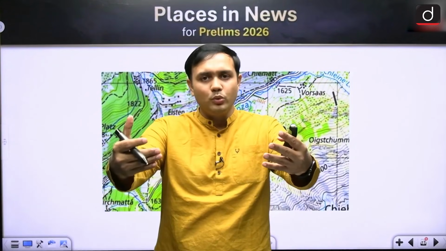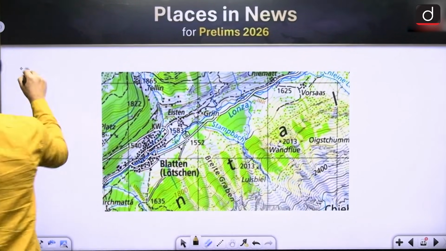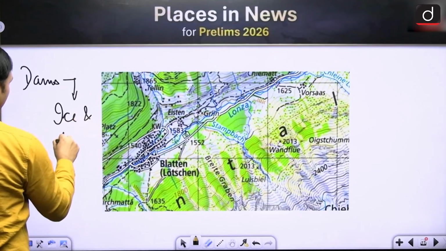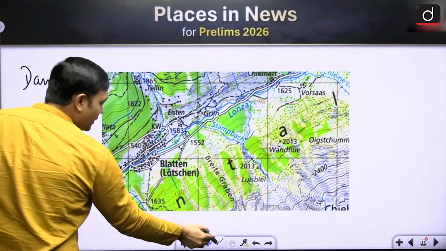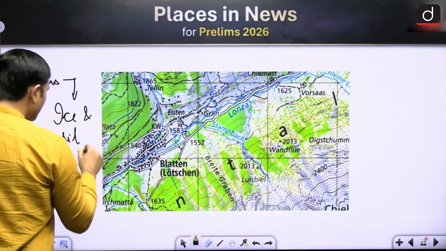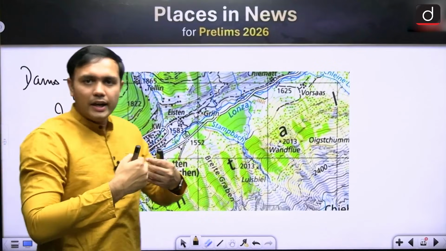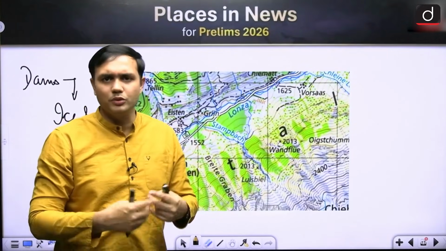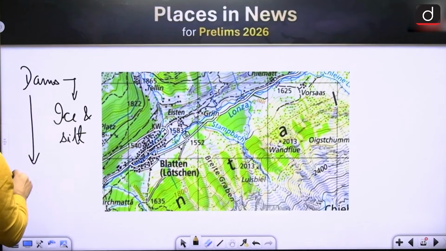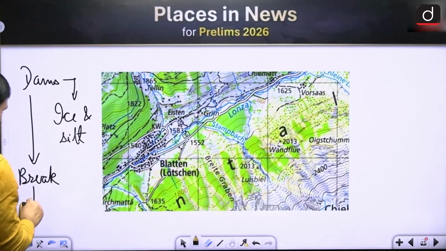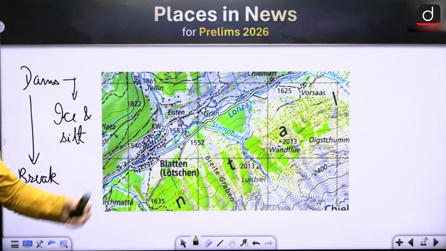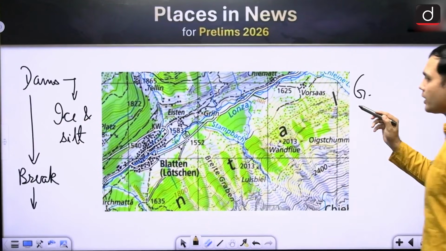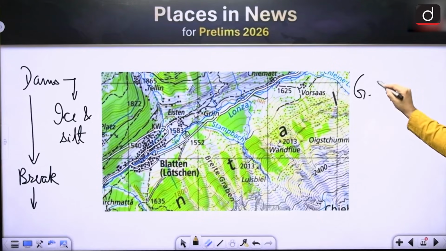With respect to glaciers, there are dams, natural dams of ice and silt, which, when they get broken apart due to many reasons, it can be earthquakes, seismic activity, or other reasons, create an important phenomenon called GLOF.